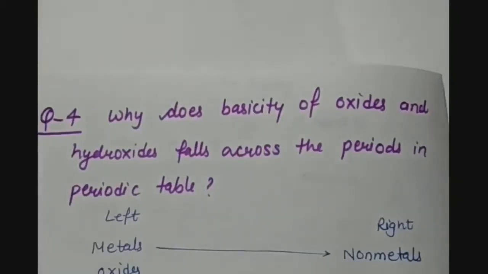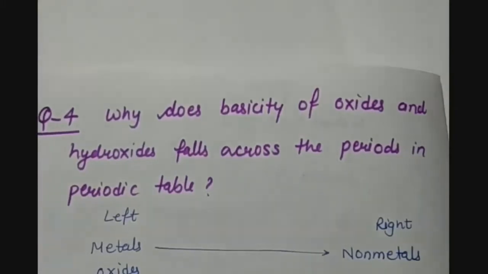The fourth question is, why does basicity of oxides and hydroxides fall across the periods in the periodic table? So as you have not studied the periodic table till now, but a general overview of the periodic table has been given to you.